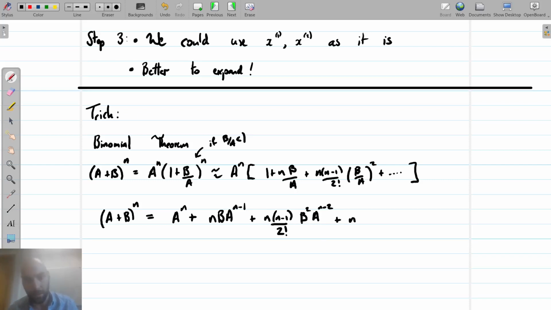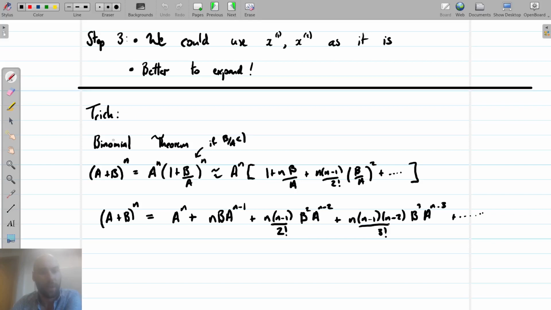So my next one would be n into n minus 1 into n minus 2 divided by 3 factorial b cubed a to the n minus 3. And we can keep going forever and ever. Now this binomial series is going to be really useful when we do iteration problems, just to get our answer and expand it. And it's simply just throwing in numbers into this, and we're done.